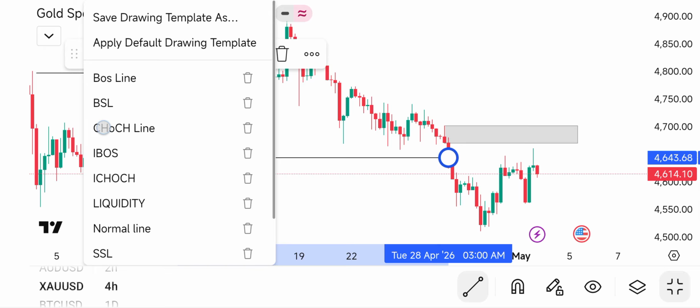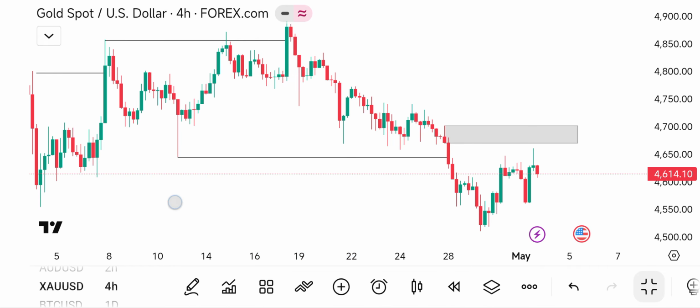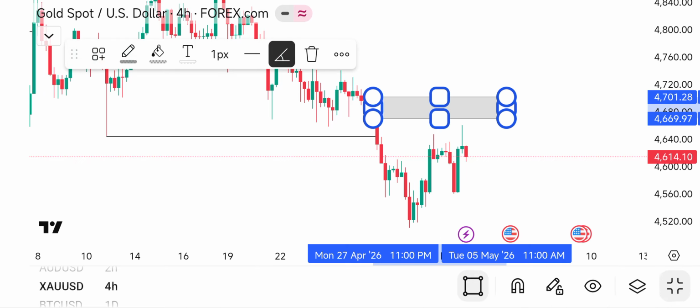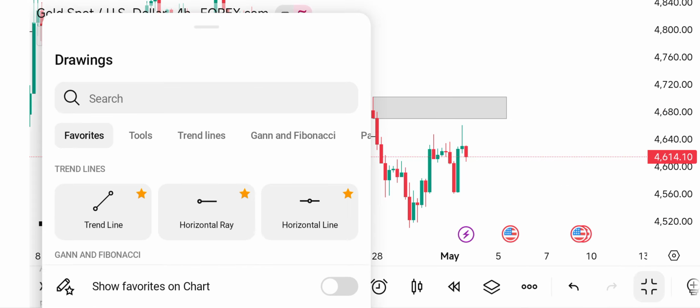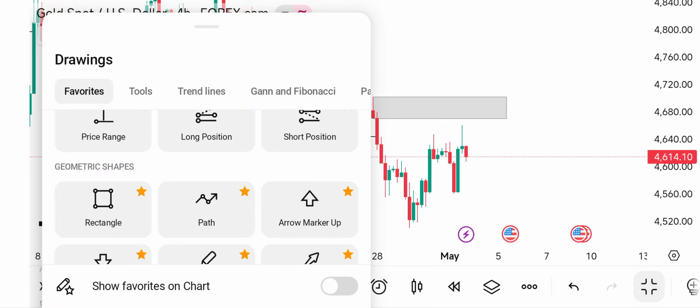So I'll put it as a change of character. So this change of character, this is the other block we are expecting price to come into for us to take a sell, because we have shifted from bullish to bearish on this move. You understand? That was where we shifted from bullish to bearish.